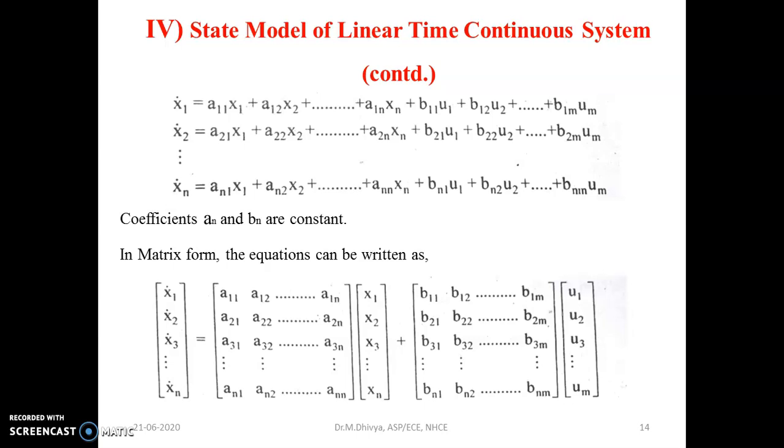Similarly, it can be extended till the nth state variable as xn dot is equal to an1 x1 plus an2 x2 till ann xn plus bn1 u1 plus bn2 u2 till bnm um. Here, the coefficients a and b are constant.